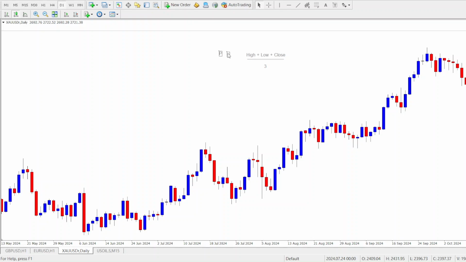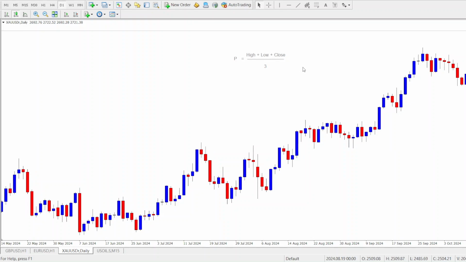I'm using the text tool to write this. So the pivot point P is calculated as the average of the previous day's high, low, and close. For example, say the previous day is this one.